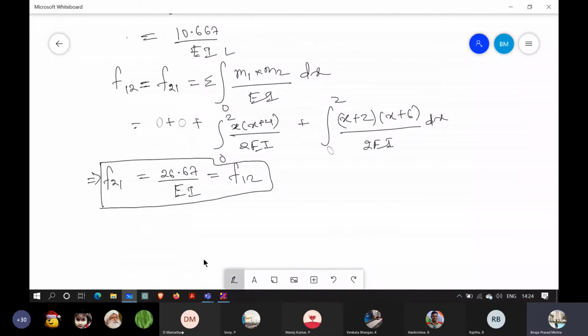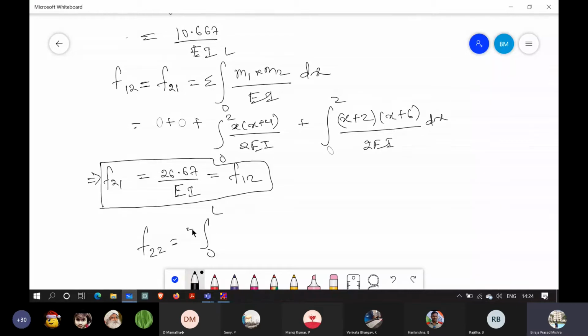Okay, next one. Just like F11, we will have F22 equals integration 0 to L summation of M2 into M2 into dx divided by EI.